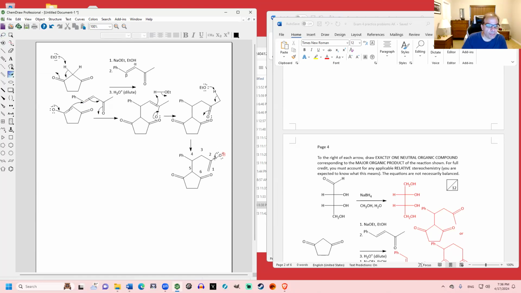And in the next step of the Robinson annulation, we close the ring. So we form a new bond between carbons 1 and 6. So let me see.